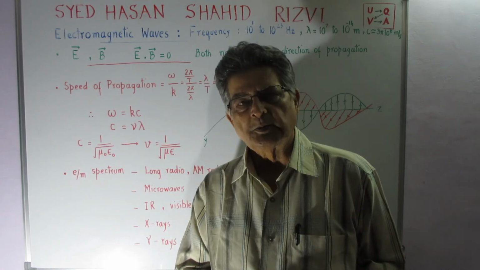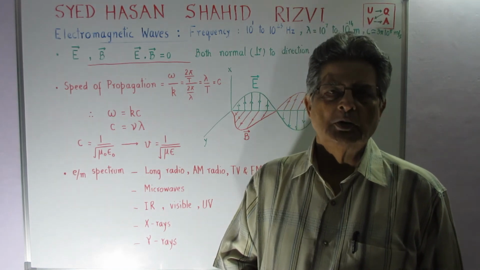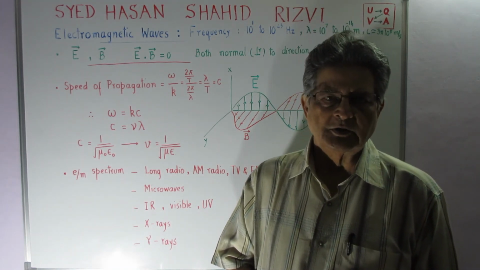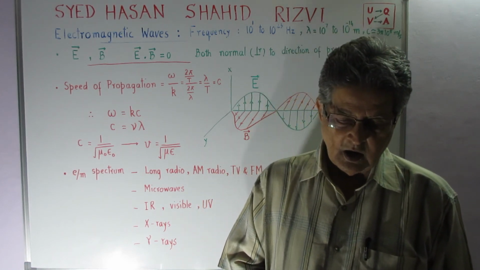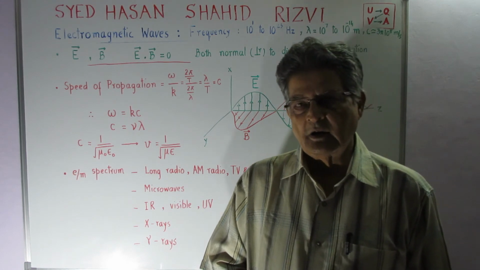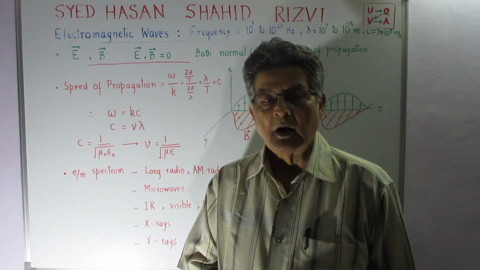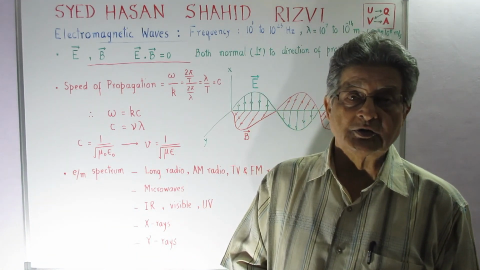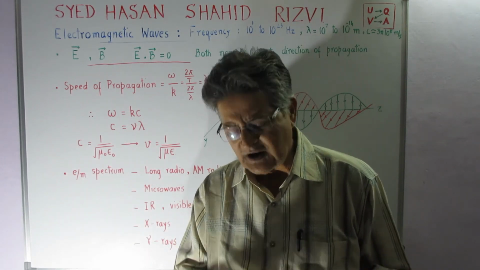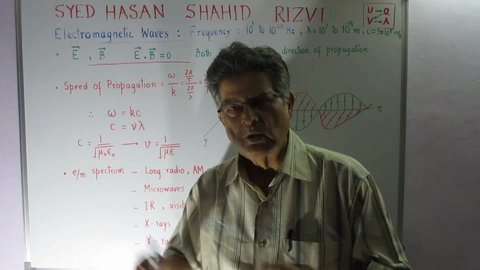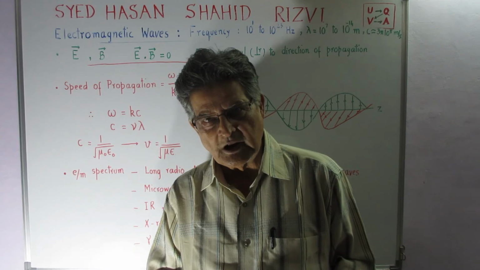So part 1 of the book is over, finished, and now we go with part 2 of the 12th class and start with ray optics, talk about reflection, refraction, mirrors, lenses, prisms, and then certain instruments, telescopes, microscopes, the eye as an instrument, etc. It's very interesting. So wait for that, and I long to see you in those lectures also.